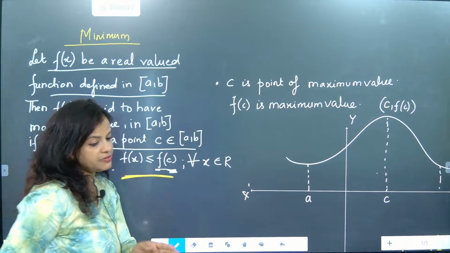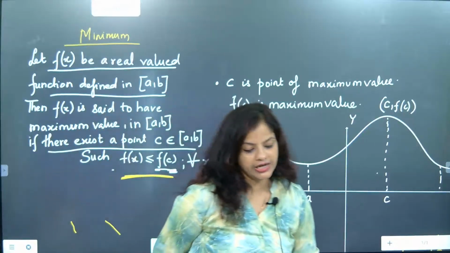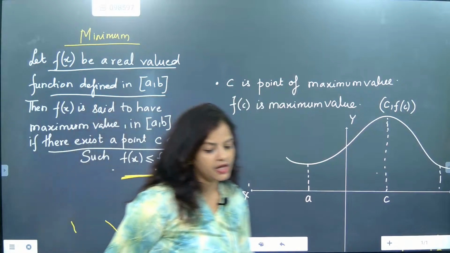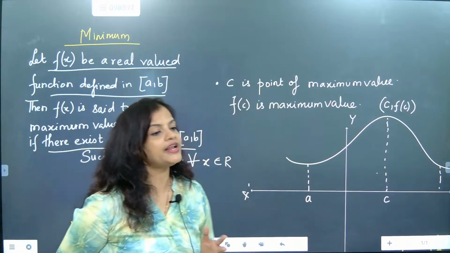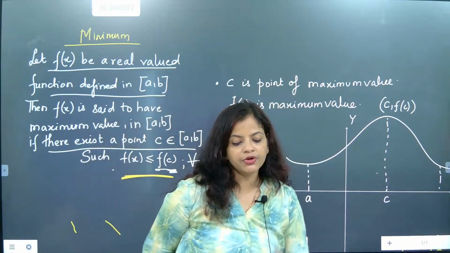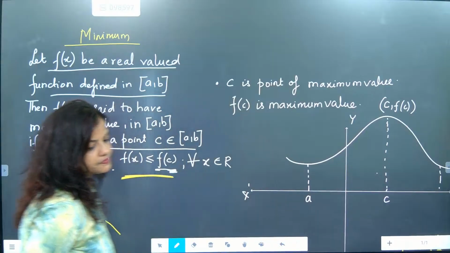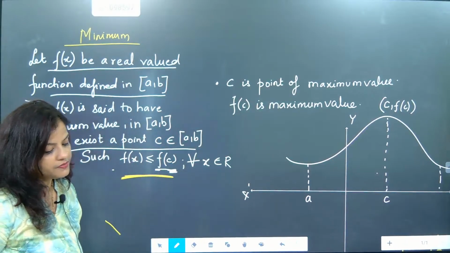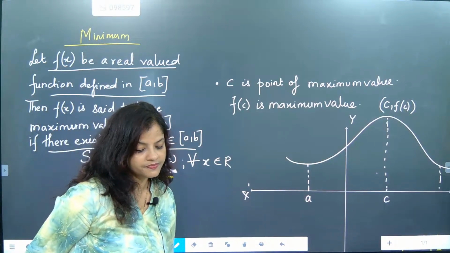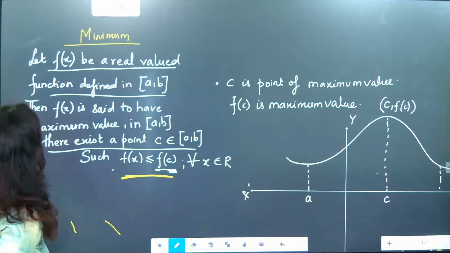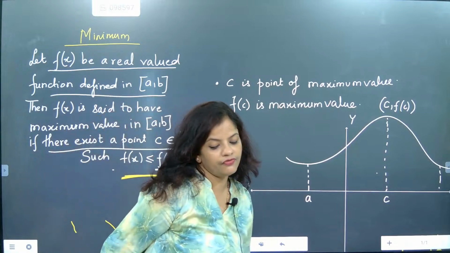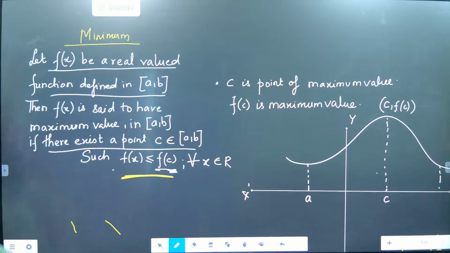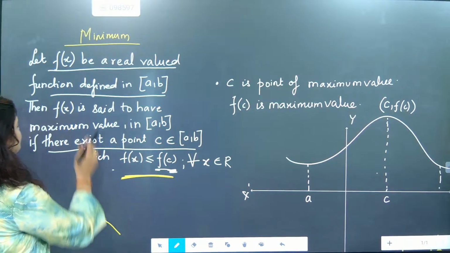For both maximum and minimum, what we learned is that it has to be a real valued function. Now it is said to have a minimum value.